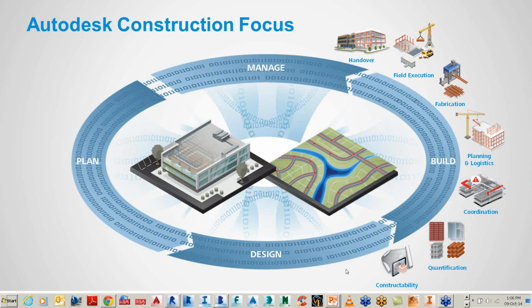This is our BIM 360 Glue and Field tools, which allow you to be on site with that BIM data on a mobile device, going through issues and tasks and checklists. And then finally, with that as-built model, we can hand it over to the building owner for them to run that facility. So this is a quick snapshot of the Autodesk wheel explaining where we're going in the stages of buildings.